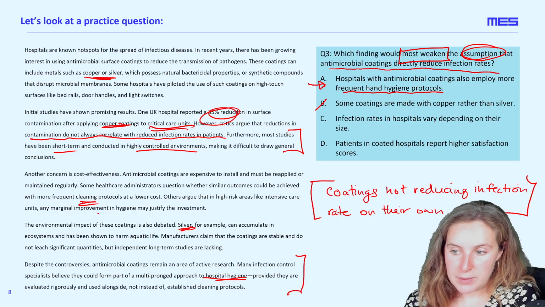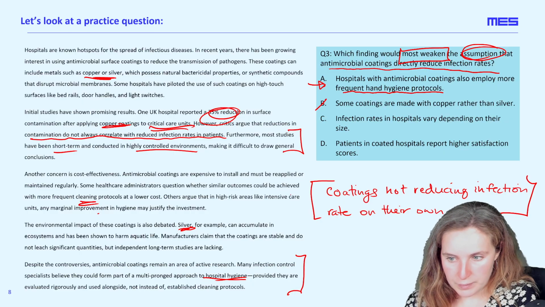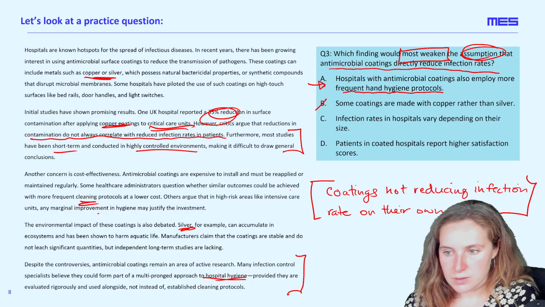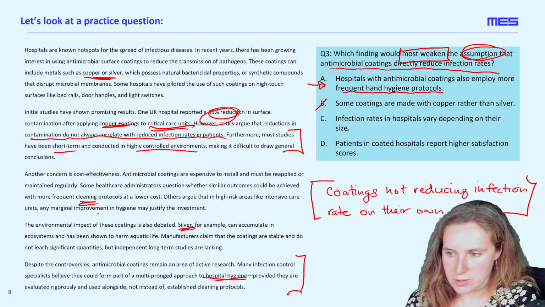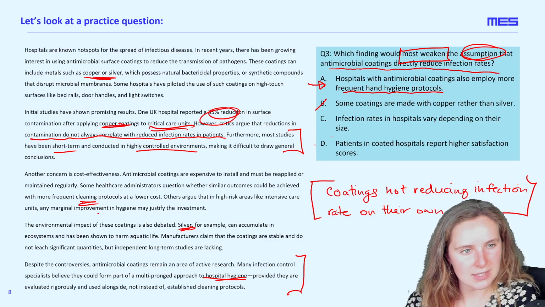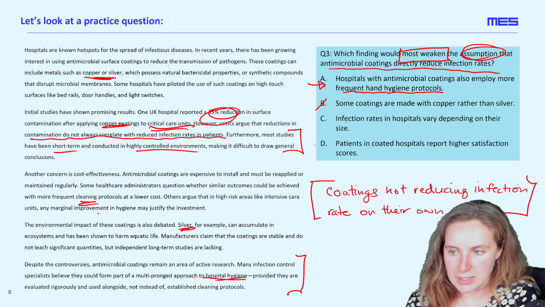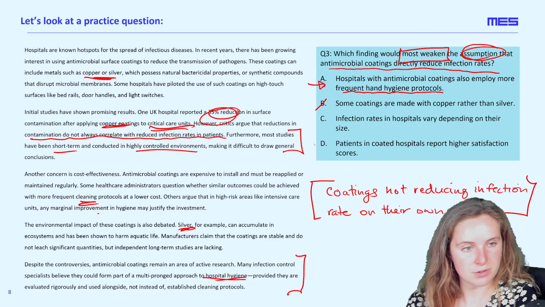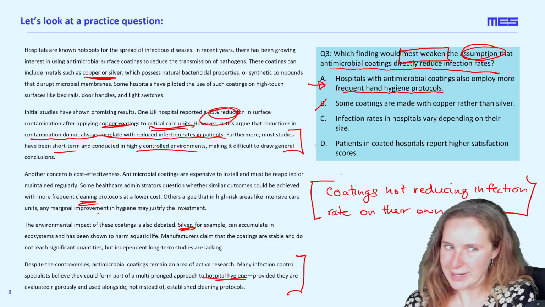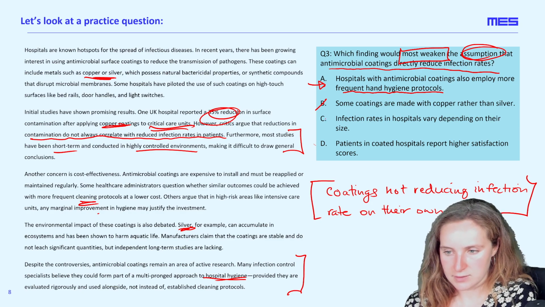But it doesn't seem like we can conclude it for sure, right? This doesn't seem like it would most weaken the assumption, especially compared with A. It seems like there's a part missing here that means this C will not immediately undermine the idea that antimicrobial coatings directly reduce infection rates, right? It's just a somewhat related fact.